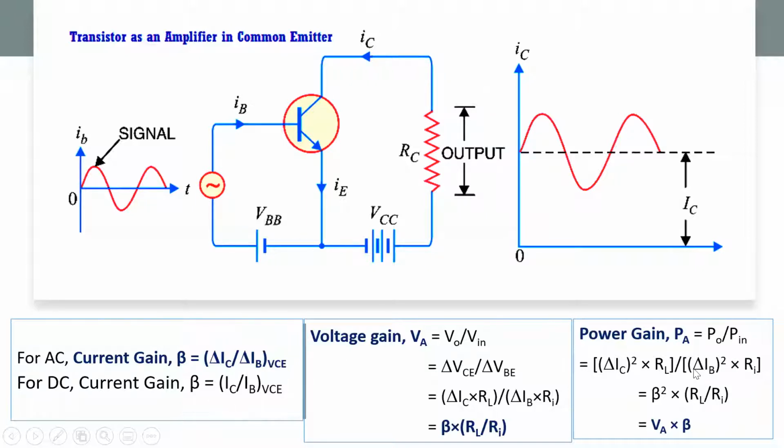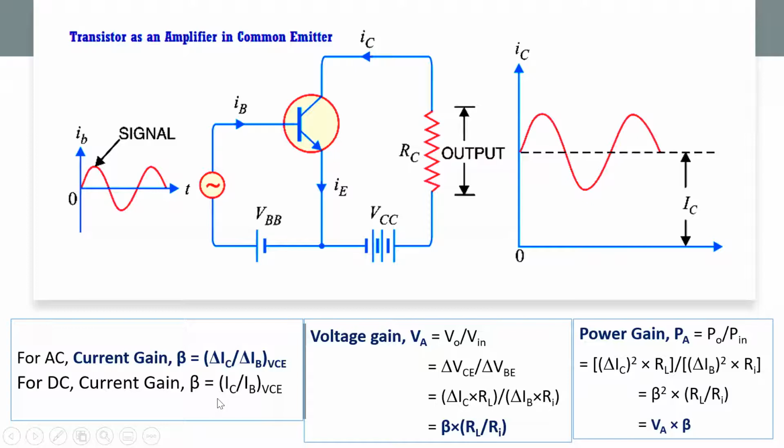So IC square by IB square we can write as beta square into RL by RI. So beta into RL by RI is voltage gain. So we can also write the power gain as voltage gain into current gain. We know power is equal to voltage into current, right? So power gain is voltage gain into current gain.